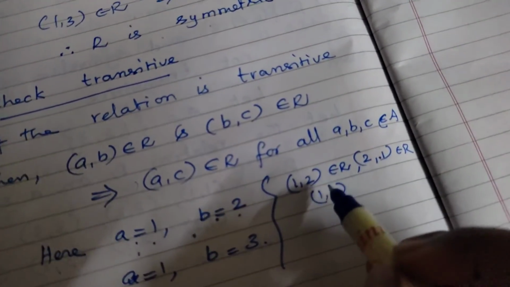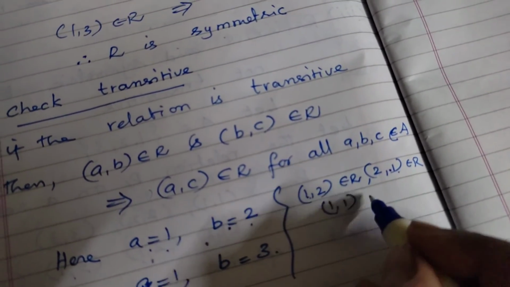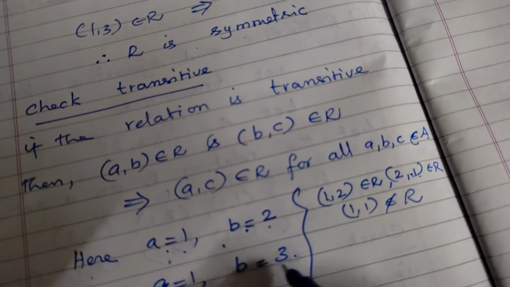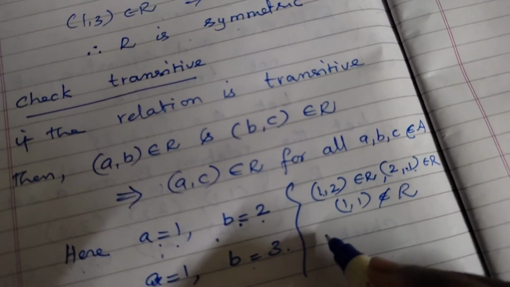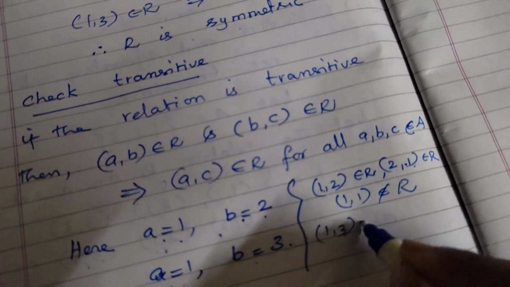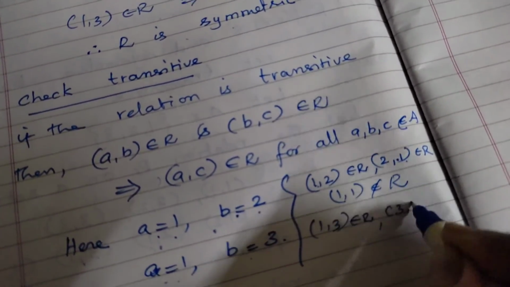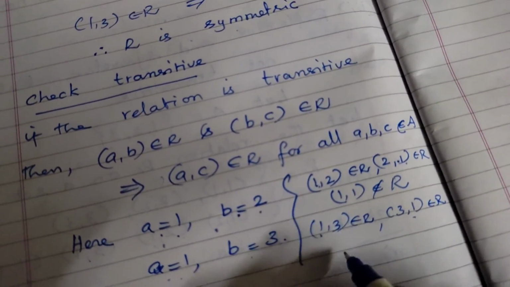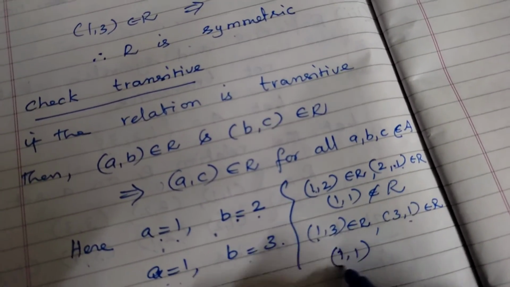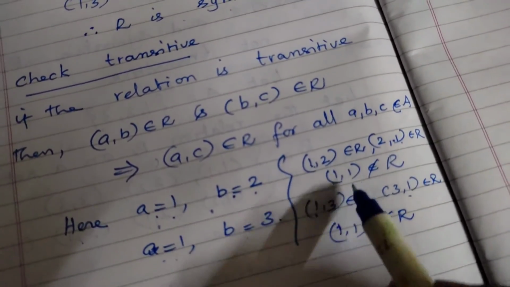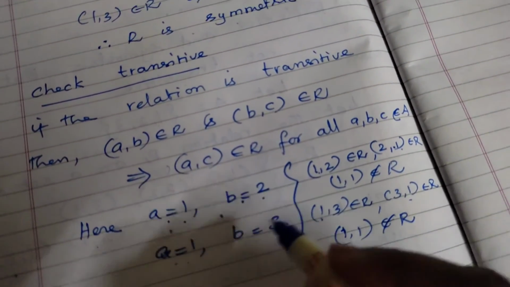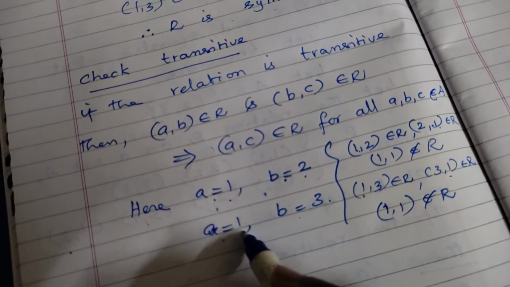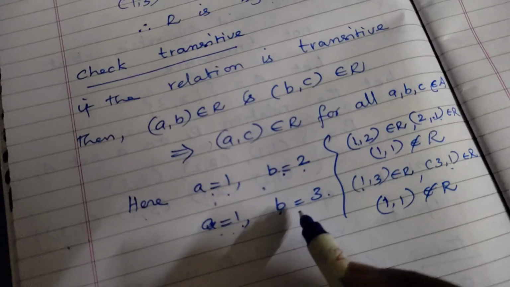That means (1,1) does not belong to R. Suppose we take A equal to 1, B equal to 3: (1,3) belongs to the relation, (3,1) belongs to the relation, but (A, C), here (1,1), does not belong to R.